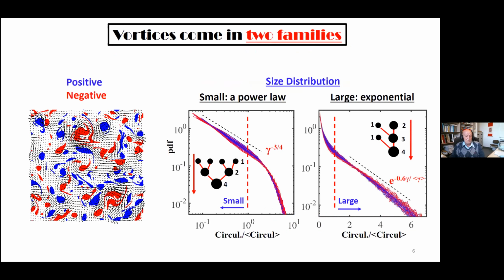Okay, so what comes out? Well, there are vortices. We also know that two-dimensional turbulence is a game of vortices, but the vortices come in two families. There are small vortices and large vortices. You look at the probability density function of the size of the circulation of the vortices. There are two ranges in the PDF.